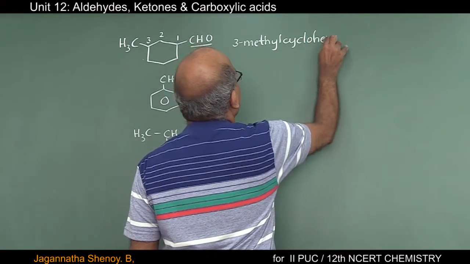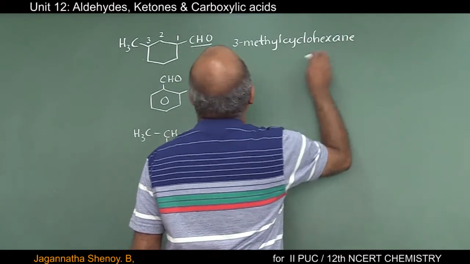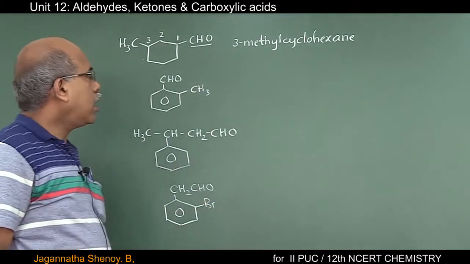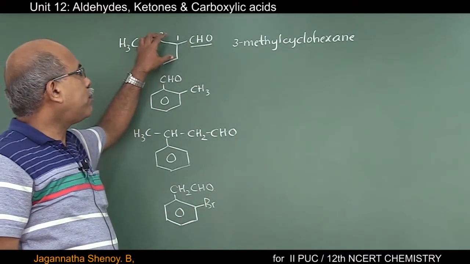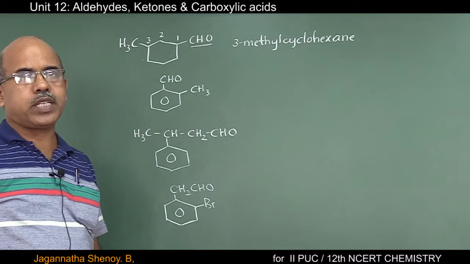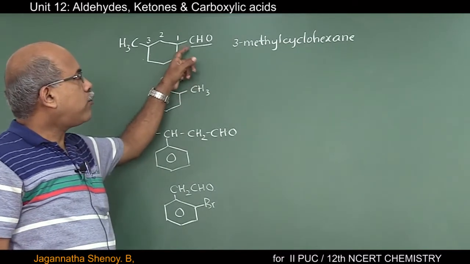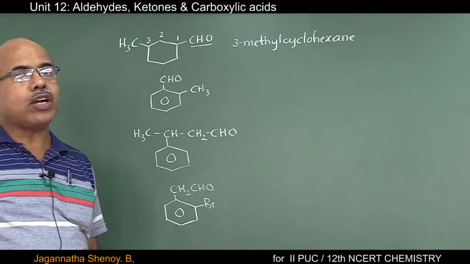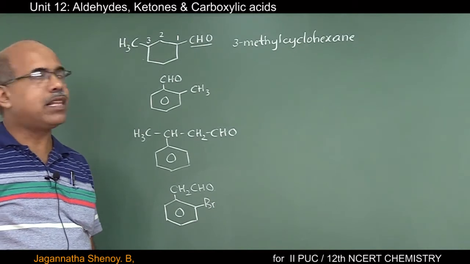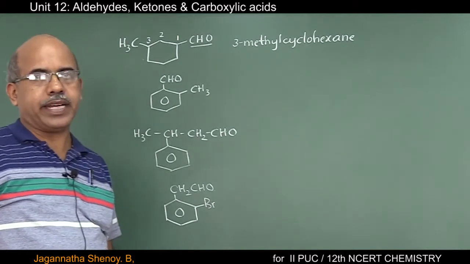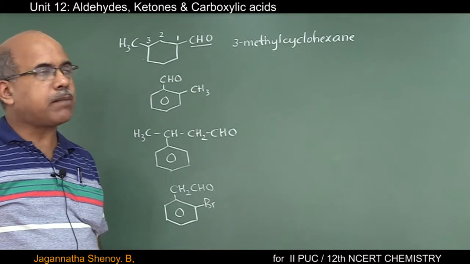And you have noticed that this CHO group is not counted with the parent compound we have chosen. That is why for CHO, I cannot use the secondary suffix al. It has to be carbaldehyde. So why should it be carbaldehyde?